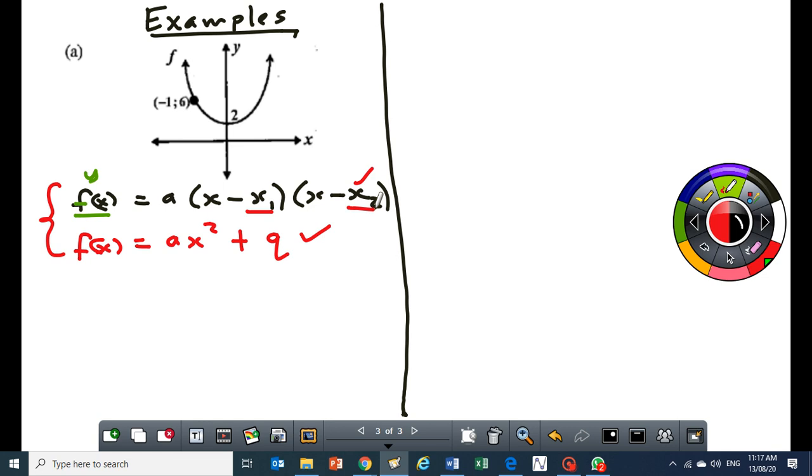So I'm going to use number 2. The good thing about number 2 is I am given a point along the graph: x is minus 1, y is 6. I also know the turning point, and remember, the value at the turning point is equal to q. So our q is going to be equal to 2. So I'll write here q is equal to 2, which means I can write the equation as f of x equal to ax squared plus 2.